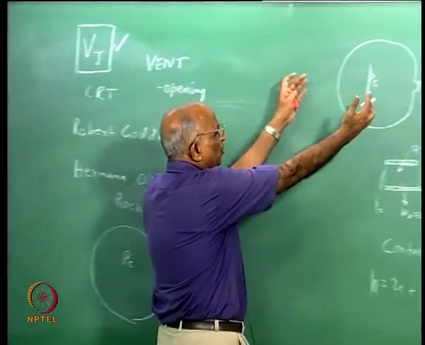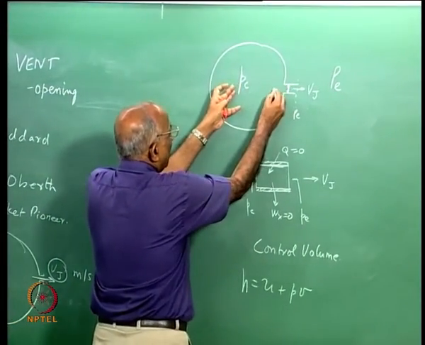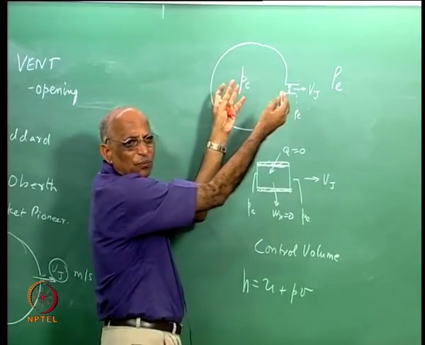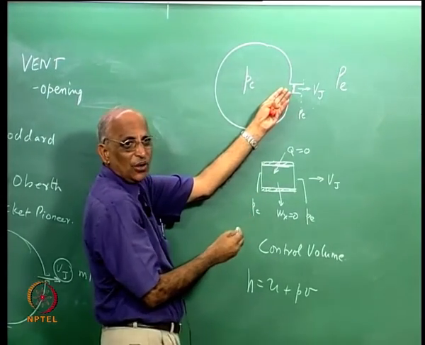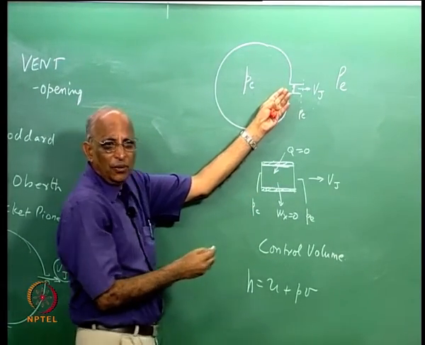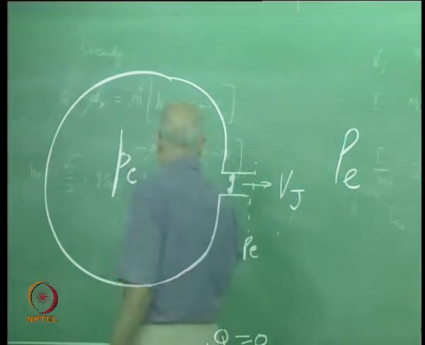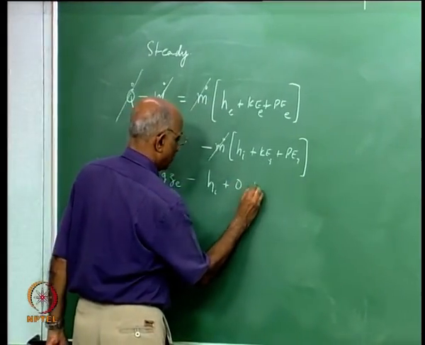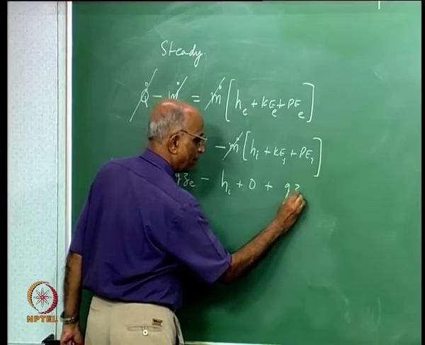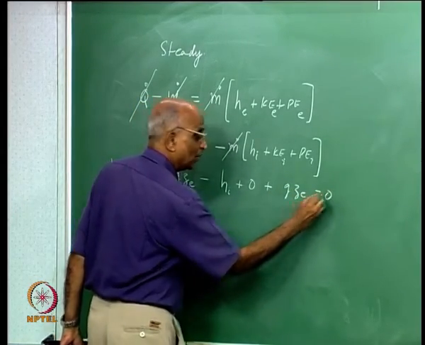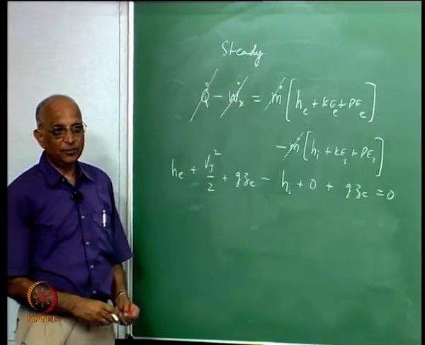See, the chamber is huge, this is small, therefore the velocity I get here is almost 0. That means I can neglect the velocity with which it is entering over here, and I get the value as equal to 0, plus I have g Ze is equal to 0, alright.